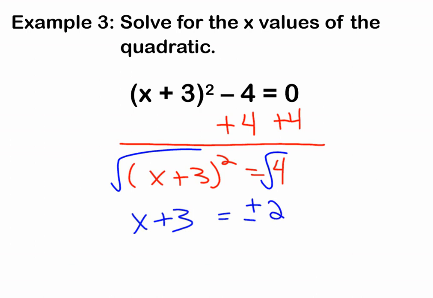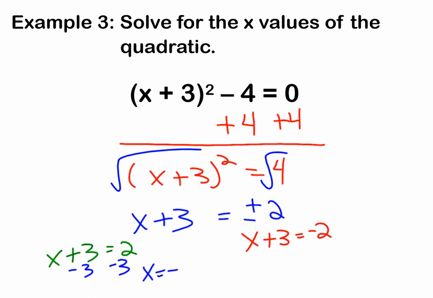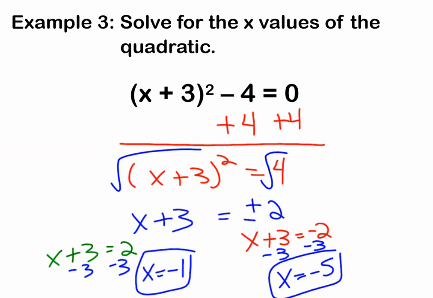That gives us two equations. X plus 3 equals positive 2, and x plus 3 equals negative 2. We subtract 3. X equals negative 1 for our first value. Subtract 3. X equals negative 5 for our second value. There we have our answer for example 3.